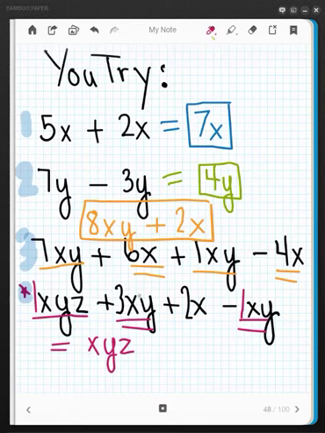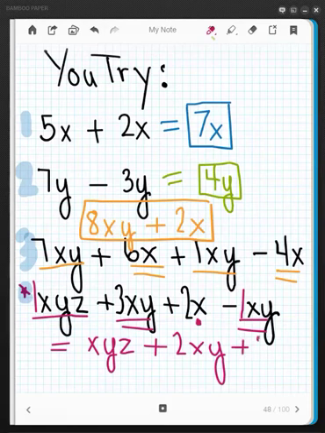I have 3 of these XYs, and I want to take away one XY. So that means I still have 2 XYs. And then finally, I get down to the lonely 2x term. And there are no other x terms, so I'm just going to say, and I have 2 x's.